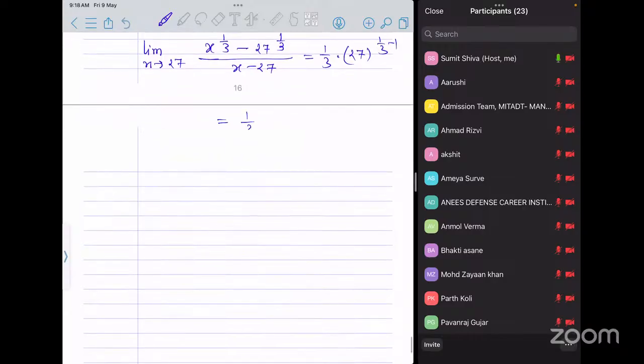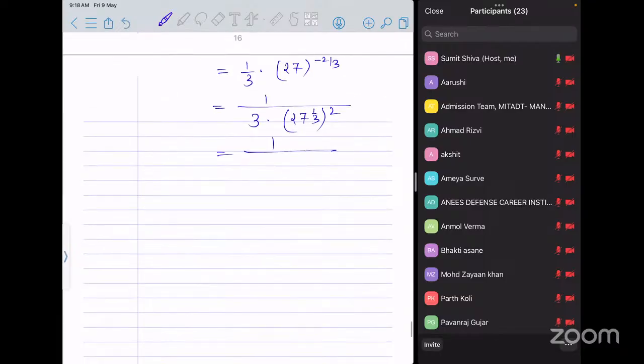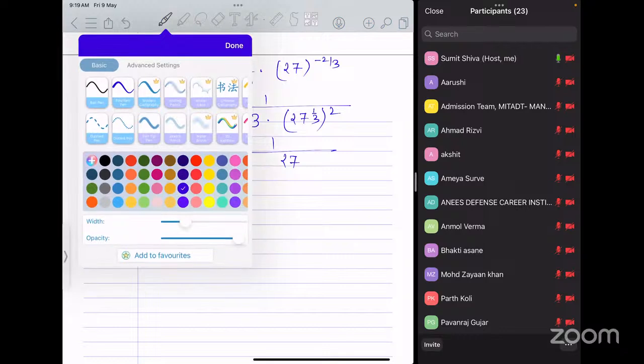So it will be 1 by 3 times 27 raised to power minus 2 by 3, which implies 1 by 3 into 1 over 27 raised to power 1 by 3 raised to power 2. 27 raised to power 1 by 3 means the cube root of 27, that is 3, and 3 square will be 9. 9 into 3 will be 27. So the answer will be 27.